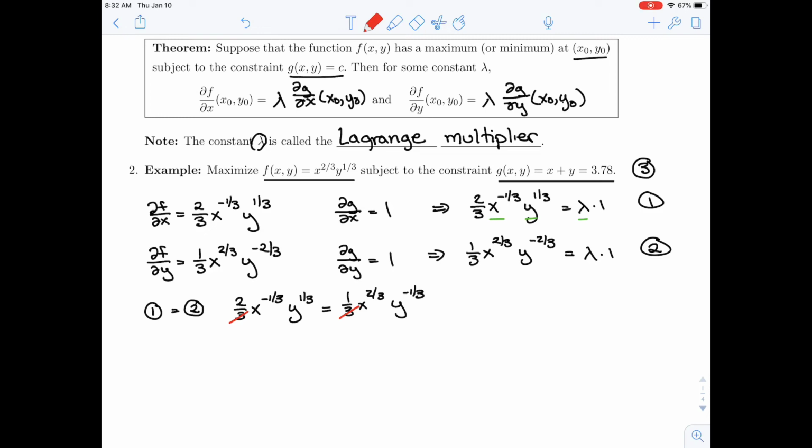Okay, then I'm going to multiply both sides of the equation by x to the 1/3.